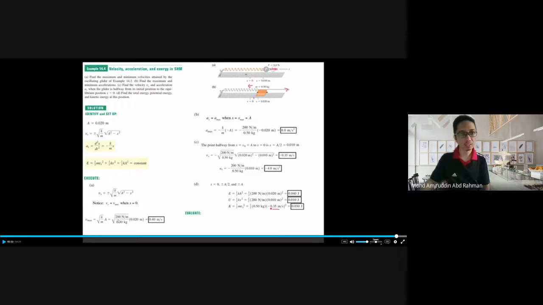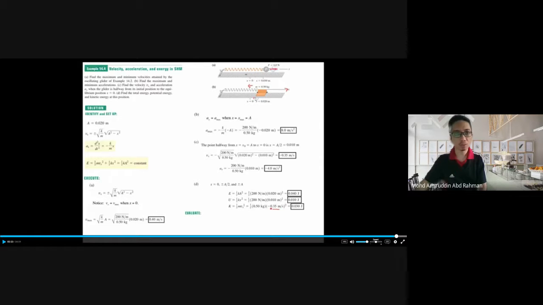Then what is k? It is given: a is 0.02 and our k is 200 newtons per meter. Here we have our mass, which is 0.5.